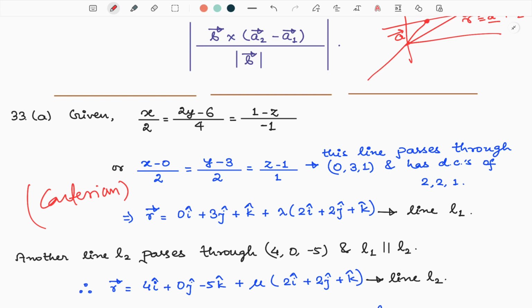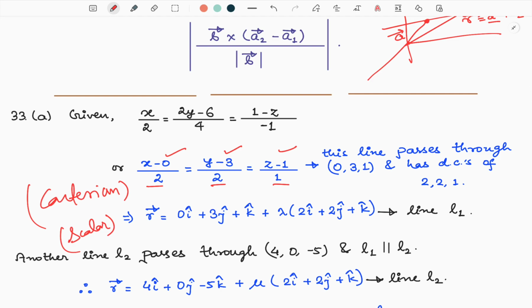Now to convert this into vector form, we can see that the general point is 0, 3, 1. So 0 i cap plus 3 j cap plus k cap, and its direction ratios are 2, 2, 1. So plus lambda times 2 i cap plus 2 j cap plus k cap.